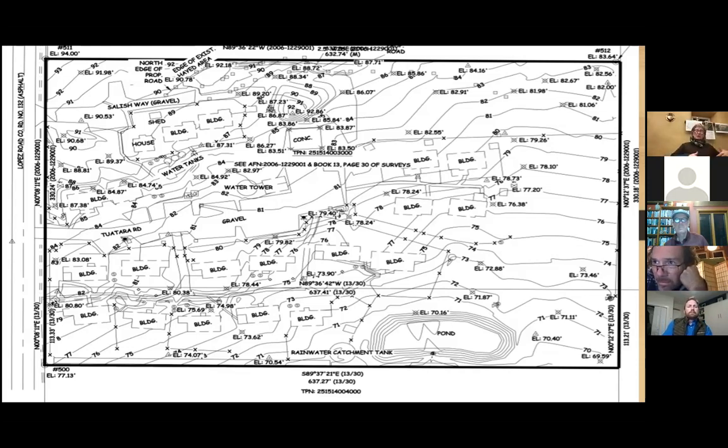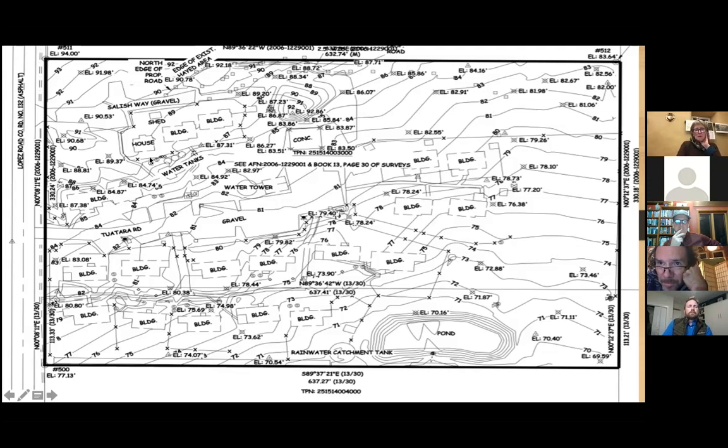And then from there, it flows, hopefully recharging along the way, and then eventually flows out into the bay. Again, I just wanted to show you this because you'll see these elevations here.